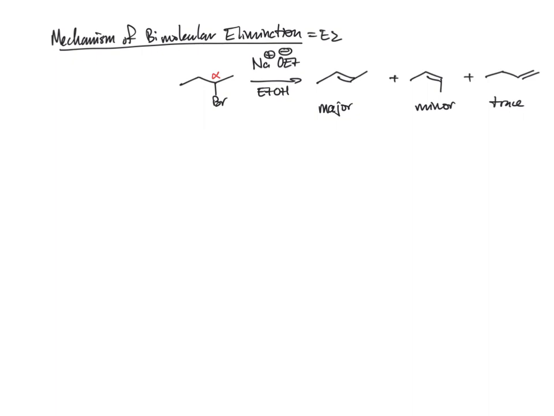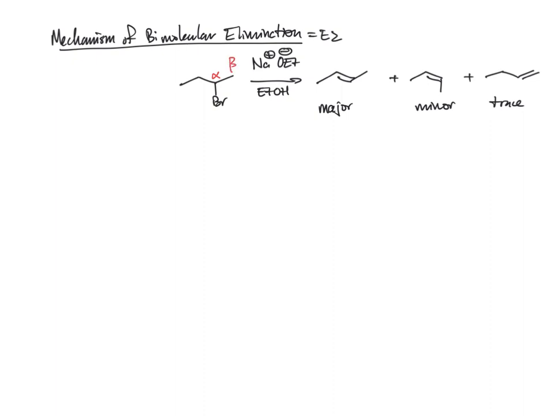So of that alpha carbon, how many beta carbons do you see? So there are 2 beta carbons. Are the beta carbons the same? Are they identical? So no, they are not.